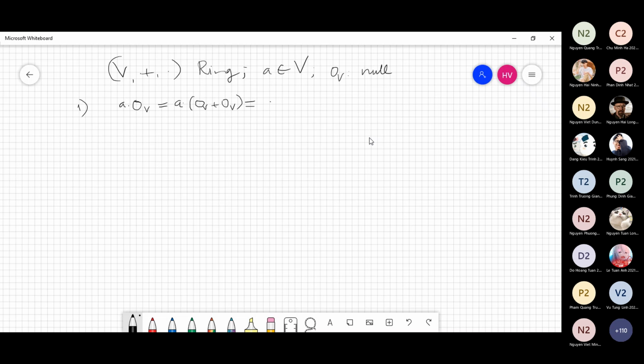And now what I want to use is the property of distribution, the distributive property. Okay, now look at the first and the last. I rewrite here so that you will see it's easier, right?